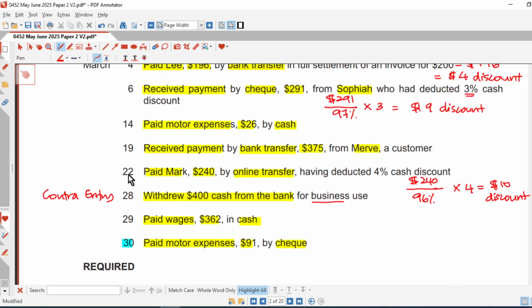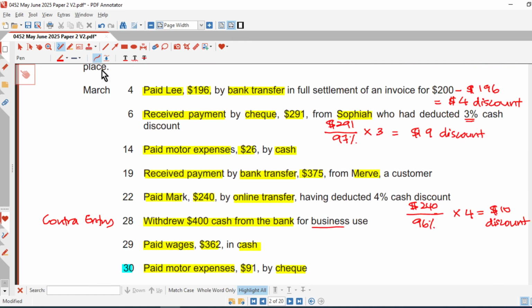Murph, right here, okay, on the 19th. So in our cash book, we recorded a receipt of $375. This was what we recorded. Now, the bank statement came and the figure was actually $357. So that means we made an error.